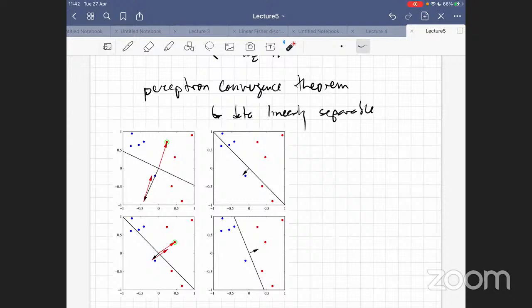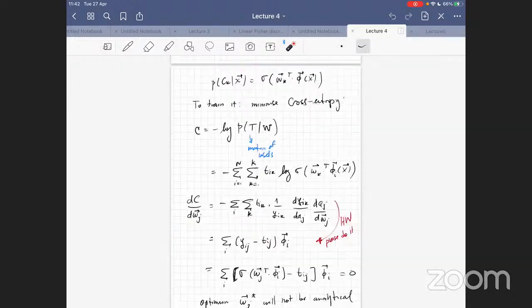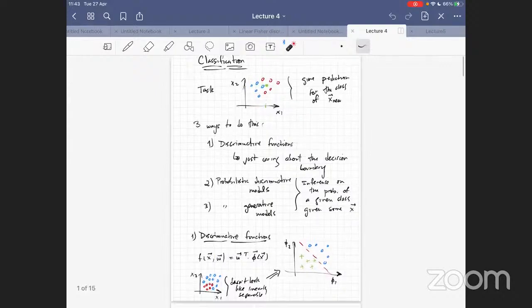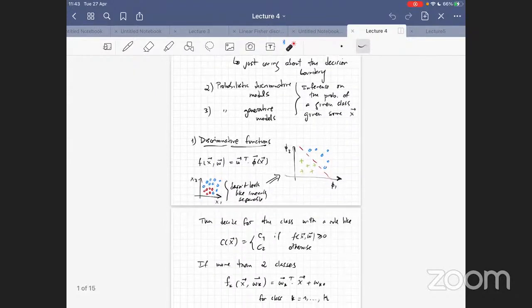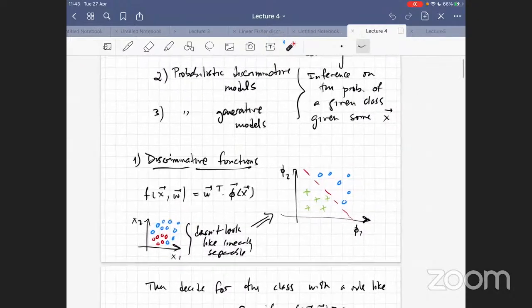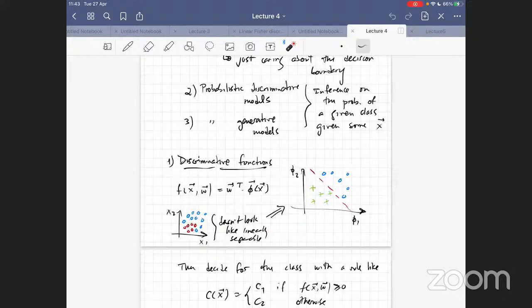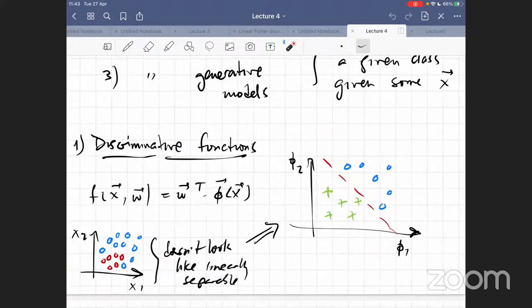Why is the vector perpendicular to the decision boundary? I think we said, let me see if at the beginning of lecture 4, yeah, so probably we didn't spend time on that. When you define a line, imagine you have this parameter space.